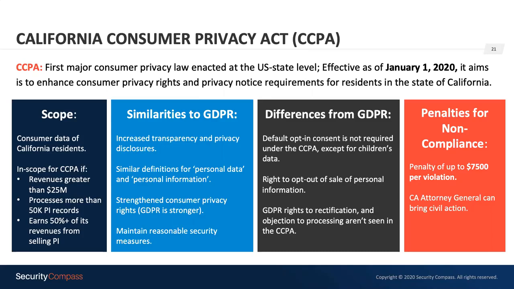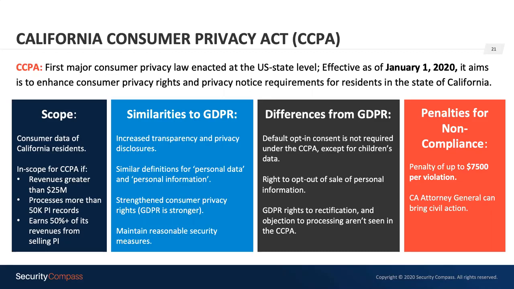The right to opt out of sale of personal information is also a unique element to the CCPA. Although opt-in consent is not required, consumers must have the right to opt out of sale of their information.